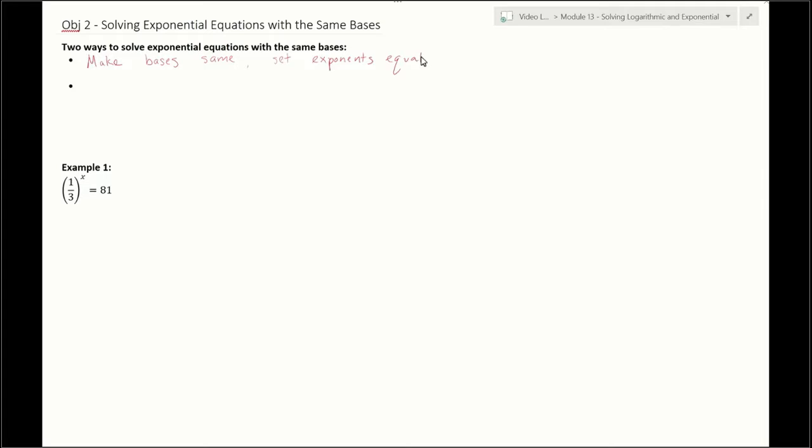Now, the second way is going to be a little bit more useful, but sometimes a little harder. In this way, we'll take the log of both sides and then solve.